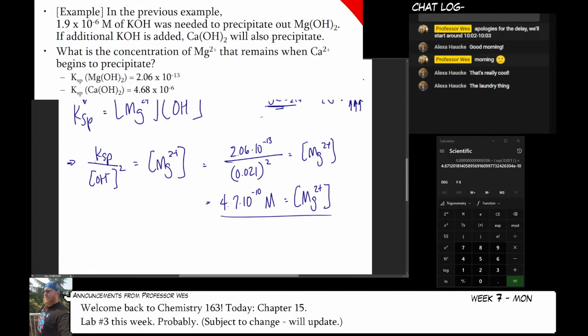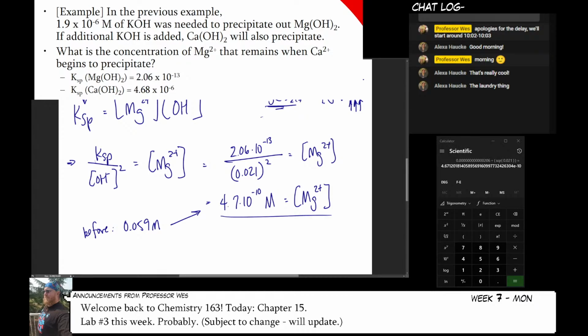We're not in the common ion effect. Where are we? 0.059. There it is. That's the number I want. So before I did the precipitation, I had 0.059.